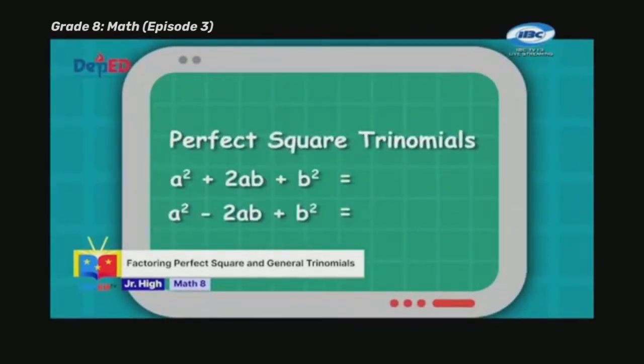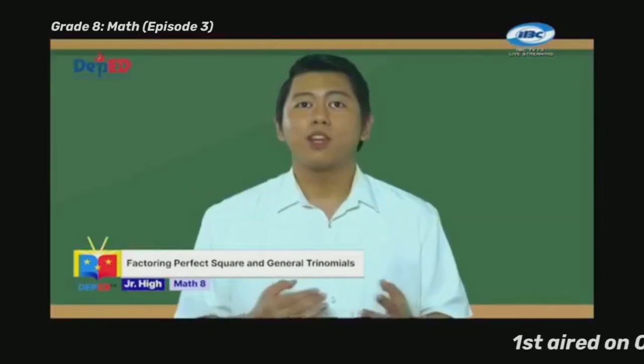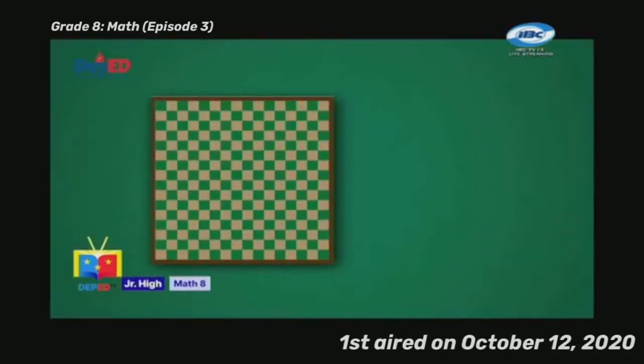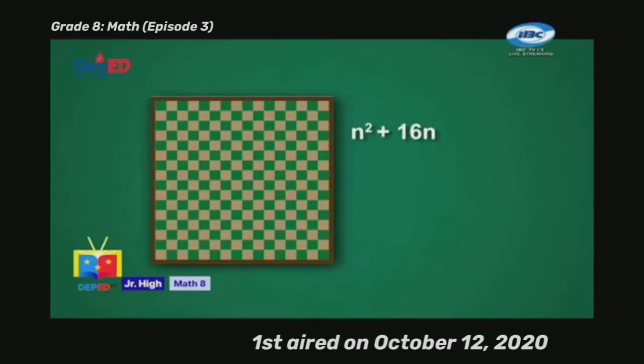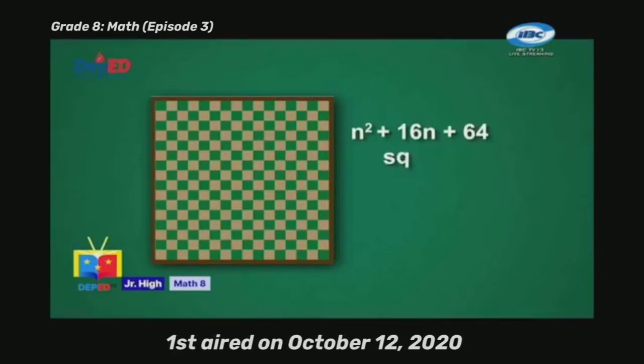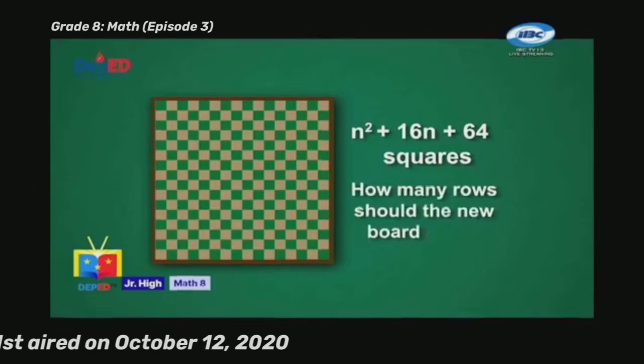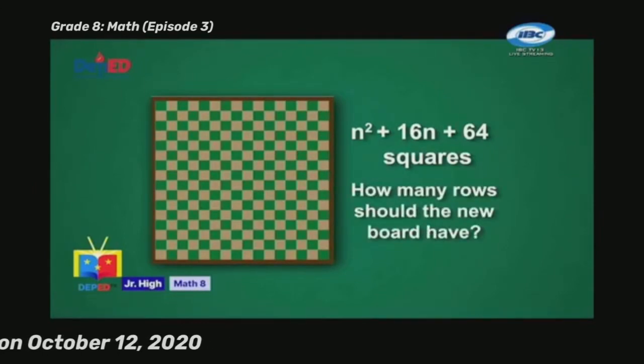And we apply these patterns to identify the factors of the perfect square trinomial. Suppose that there will be another variation of a chessboard that will give a total of n squared plus 16n plus 64 square tiles. How many rows should the chessboard have?